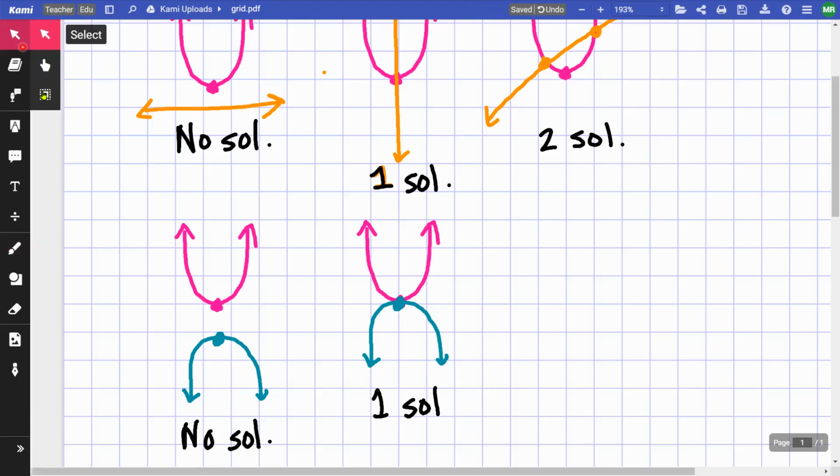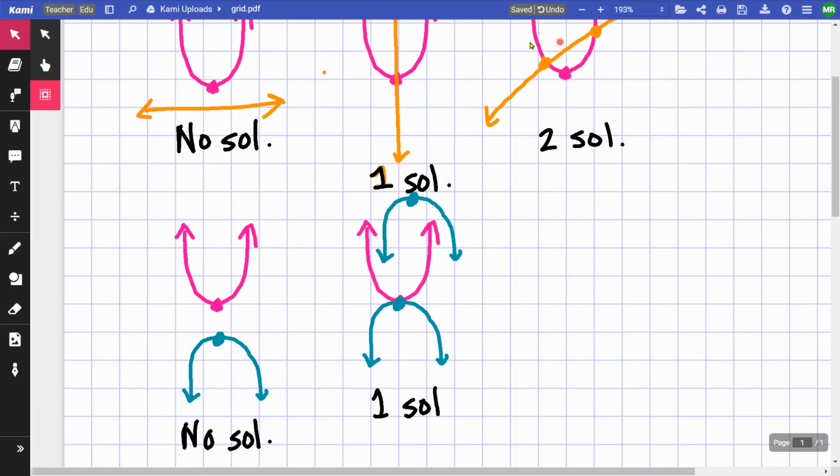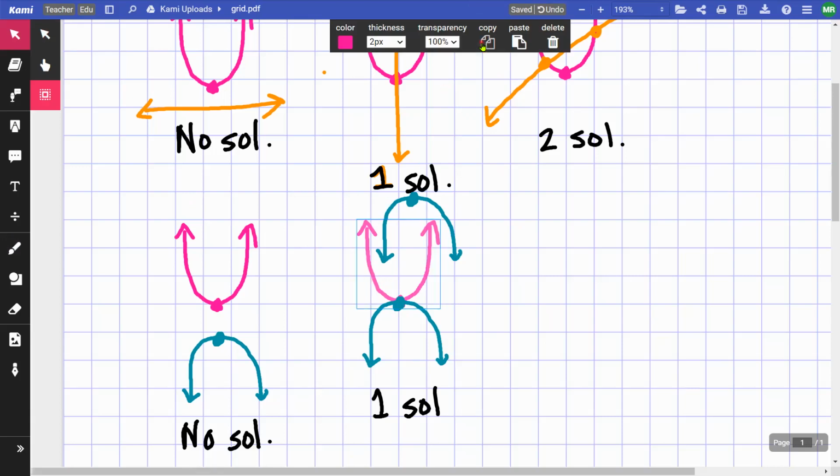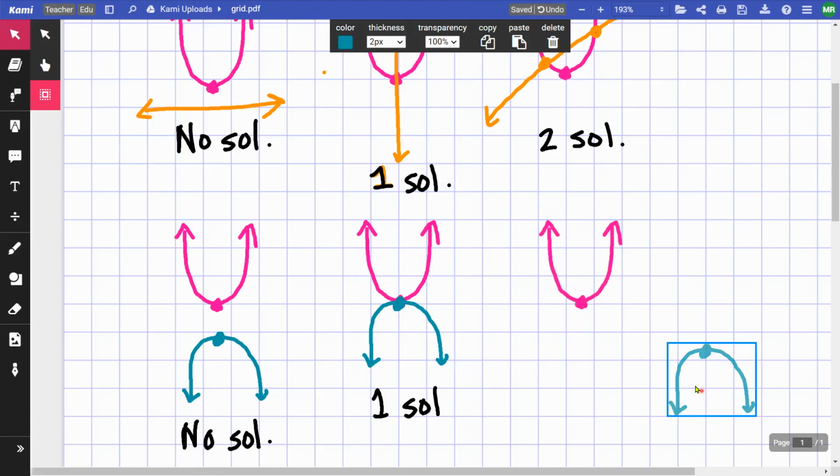I could also have a situation where maybe I have a parabola, and let me move it down a little bit.